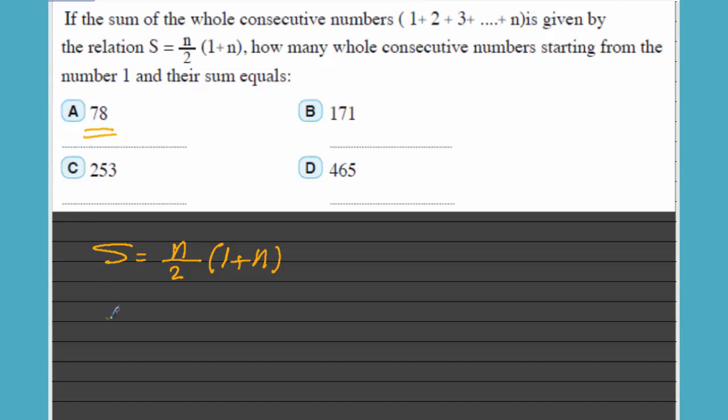So put n/2 × (1 + n) = 78. And then we will solve this equation.